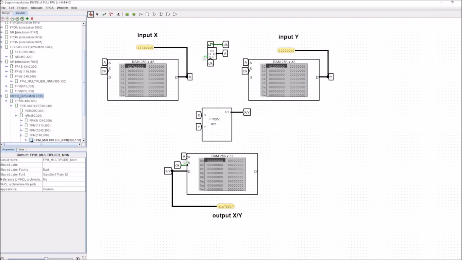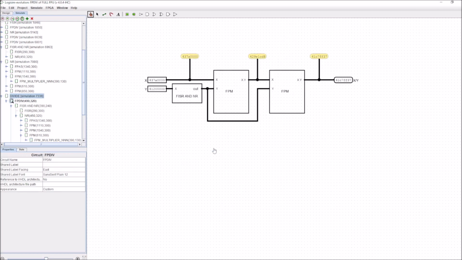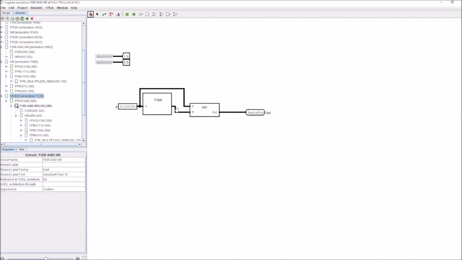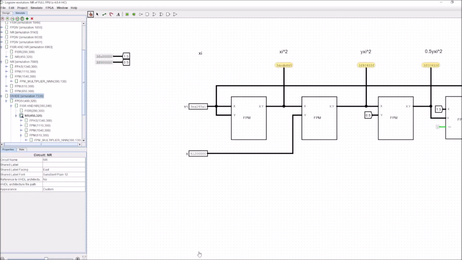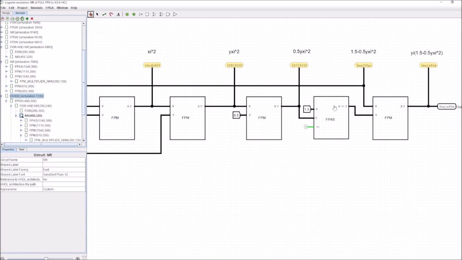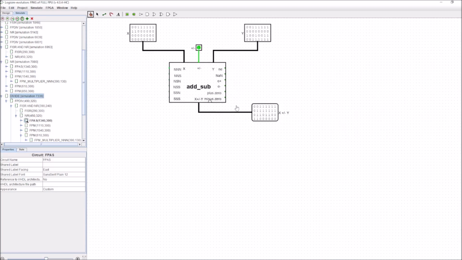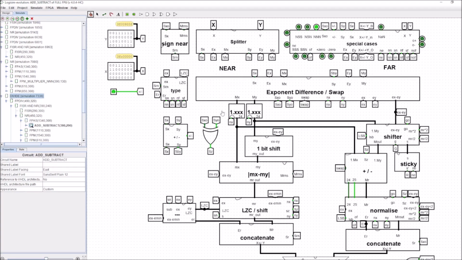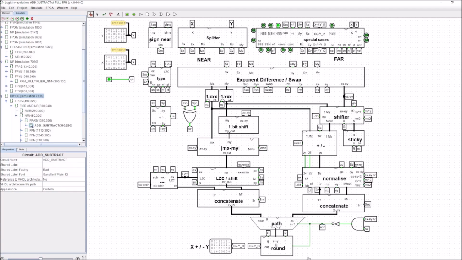So we can go from there, and I'll quickly just drop into the add and subtract so you can see that as well. There's only one add and subtract, so this is the add and subtract here. I can drop into it, and you can see again I've got a full course on how to design this add and subtract unit if you're interested.